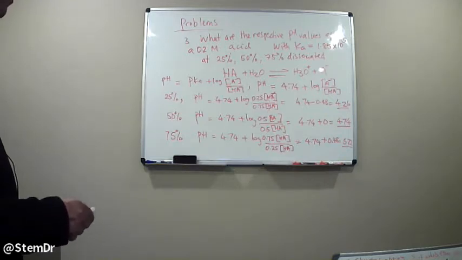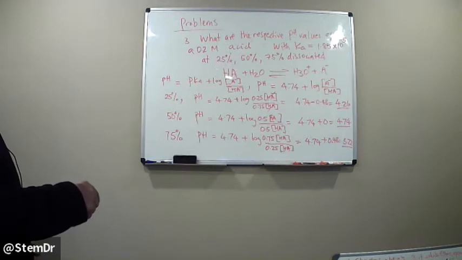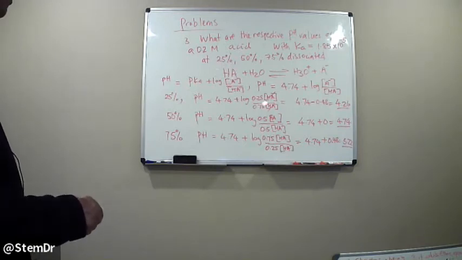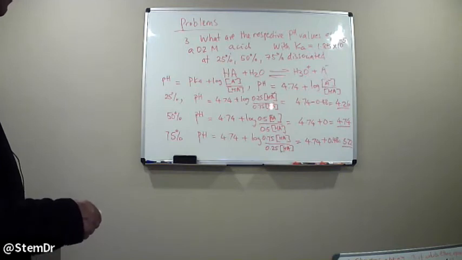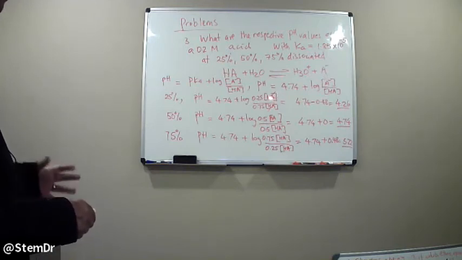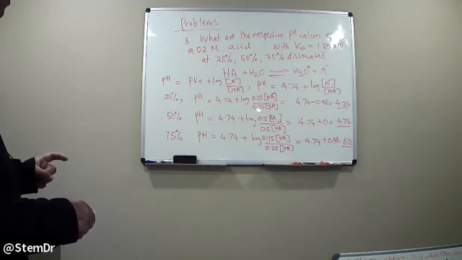Now I'm just substituting the A minus value with 25% of HA, and the 75% HA remains in the solution. That means your initial 75% is remaining, but 25% has gone to this form. So you are just simplifying the equation so that now you have only the numerical values of 0.25 to 0.75.